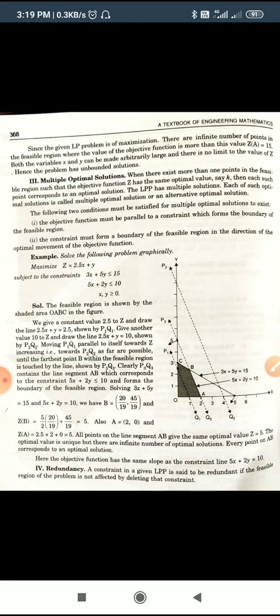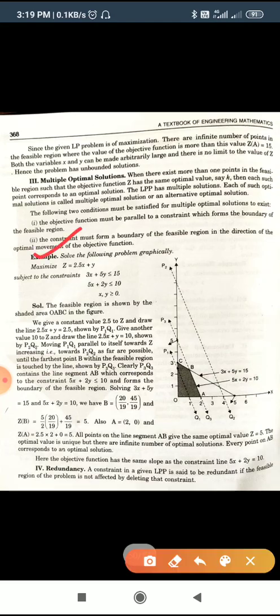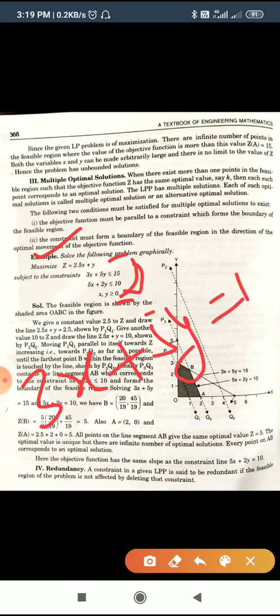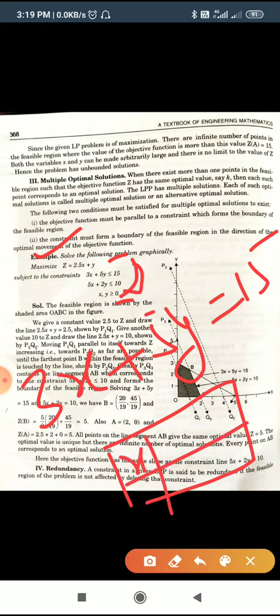So, first we take an example using the corner point method and solve the problem. This one is the first example. Maximize the Z, and there are two restrictions and non-negativity conditions. First of all, we find the bounded region by these two restrictions. So, first we take 3x plus 5y equal to 15 and make a table of x and y.